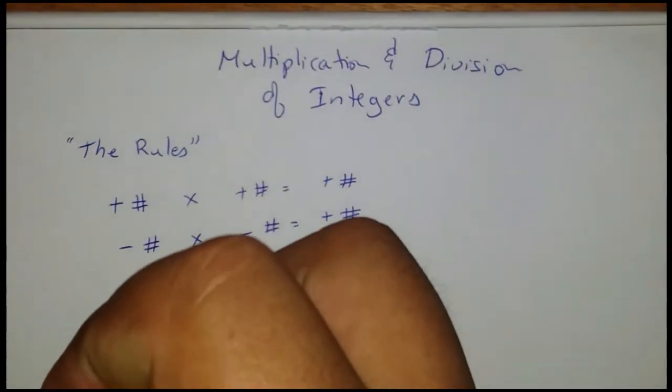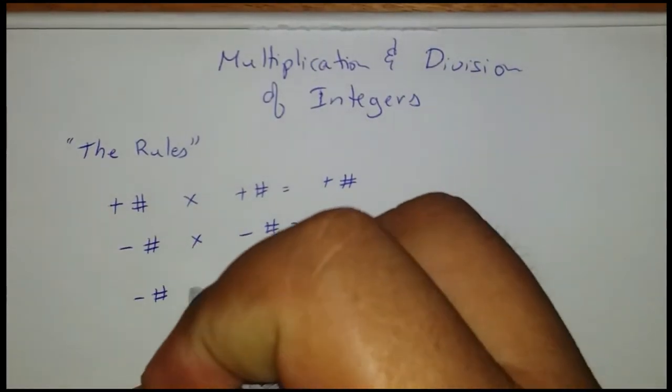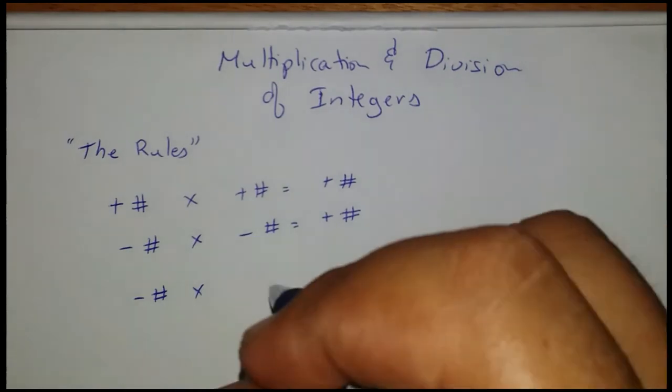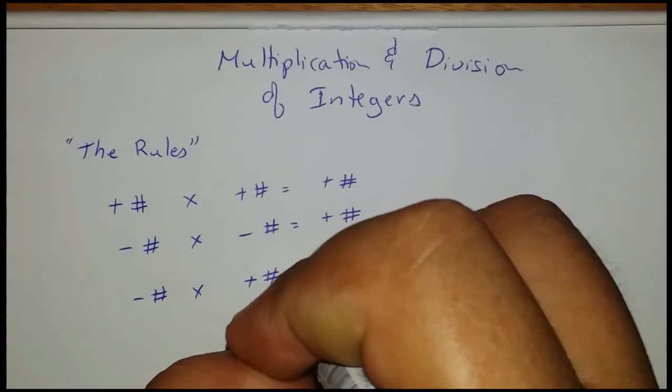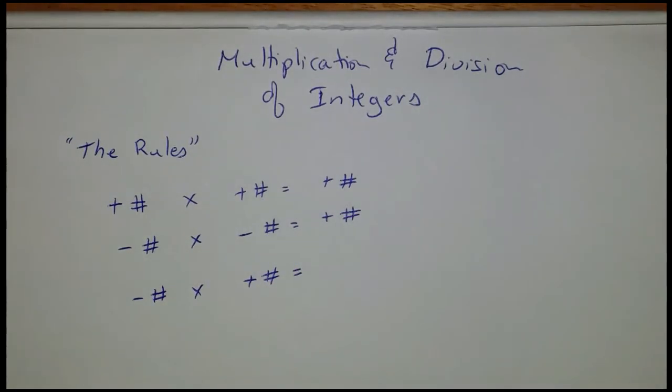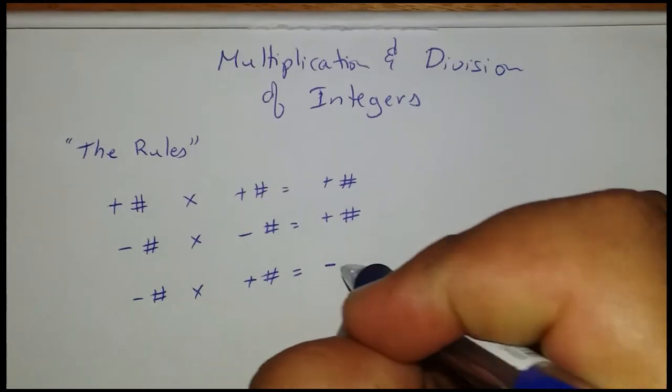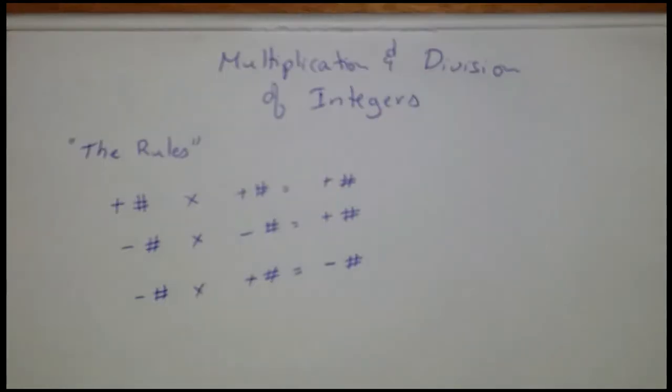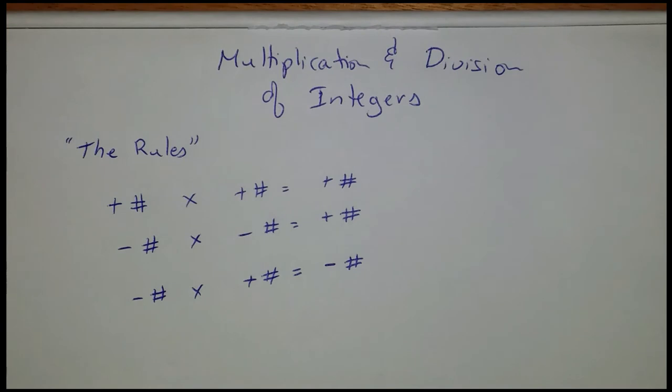If I have a negative number and I am multiplying that negative number with a positive number, then my answer will be a negative solution.